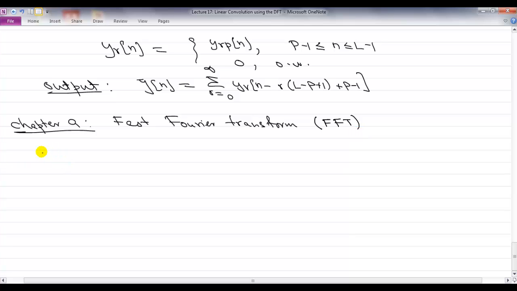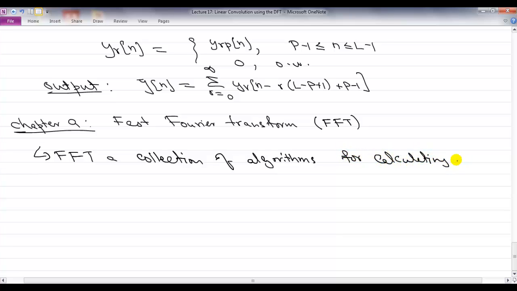Okay, so FFT is basically a collection of algorithms for calculating the DFT in order n log n to the base 2 computational steps.